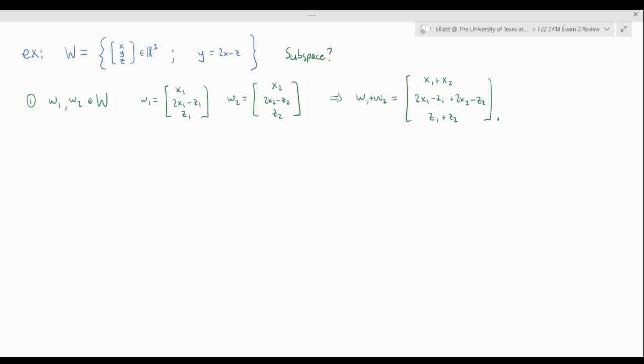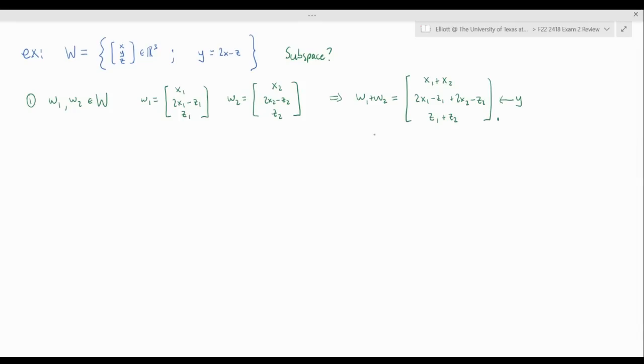Now that we've added the two vectors together, we want to check whether their sum is inside of W. So we want to check if this vector satisfies the condition to be inside of the set. Here's the y coordinate of the sum.